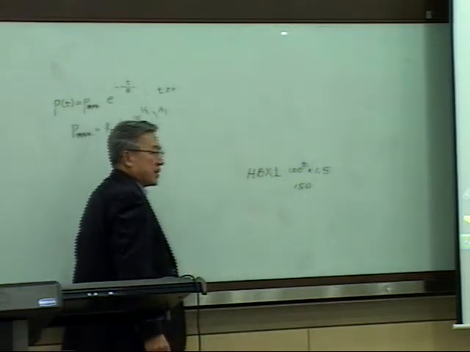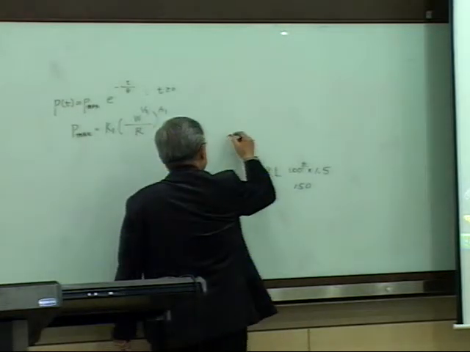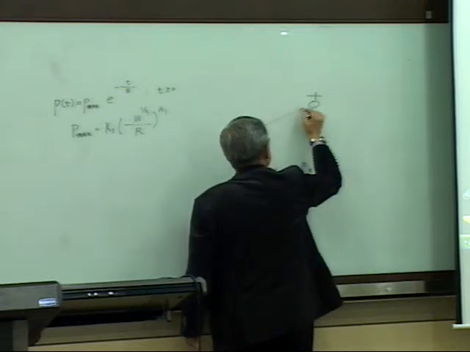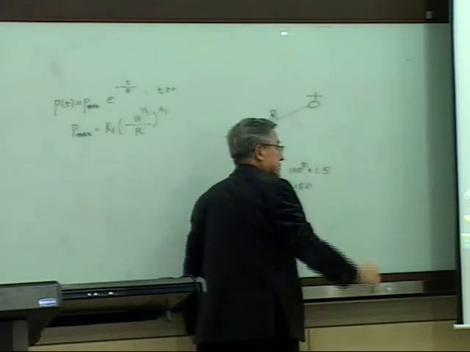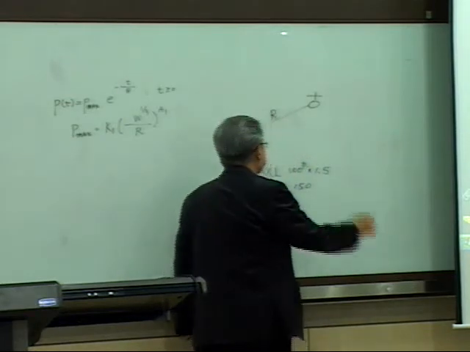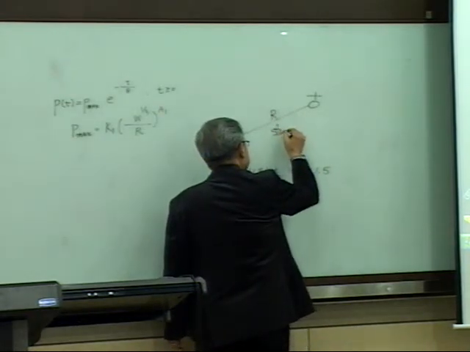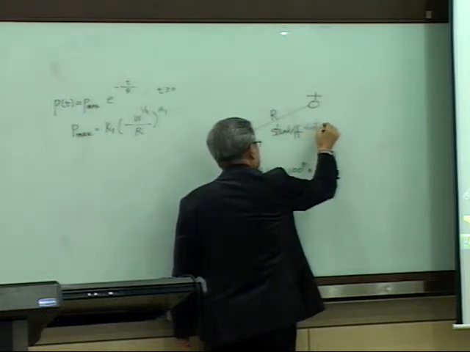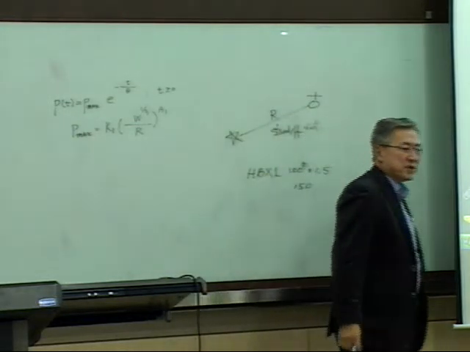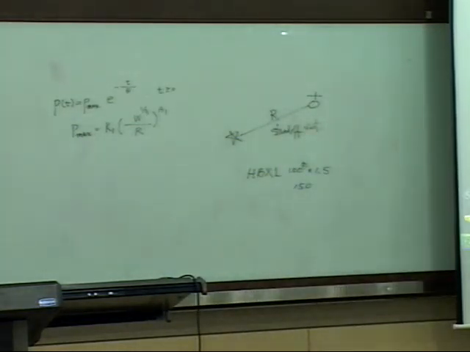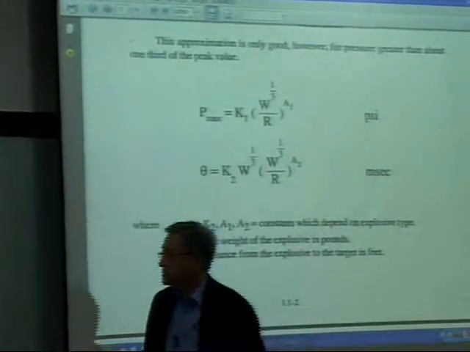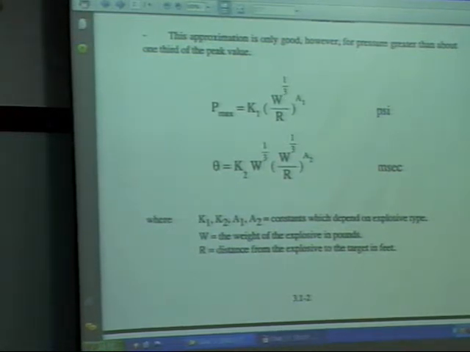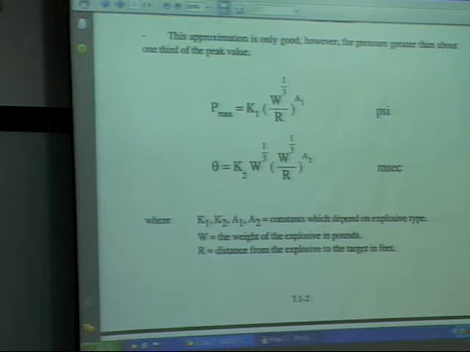R is a standoff distance. This is a charge. This is a target or gauge. The straight distance is R. It's always called the standoff distance, in feet. So over here, R is in feet. W is in pounds.